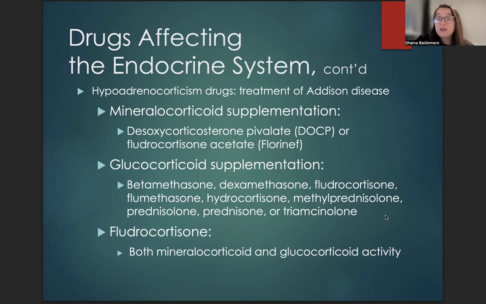Well, remember, that's not for you to decide. That's the veterinarian. That's why they go to school for so long. It's because they're going to know those answers or they'll figure them out. So just know that we use a lot of these for treatment of Addison's disease. And they will absolutely select based off of blood work and diagnostic results which one will be best fitting for that animal.